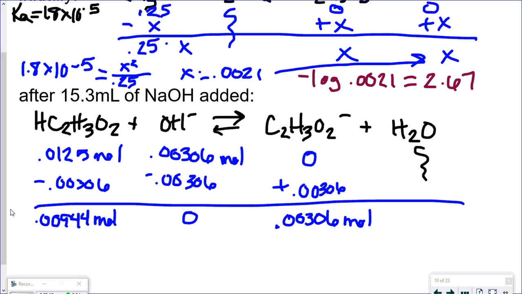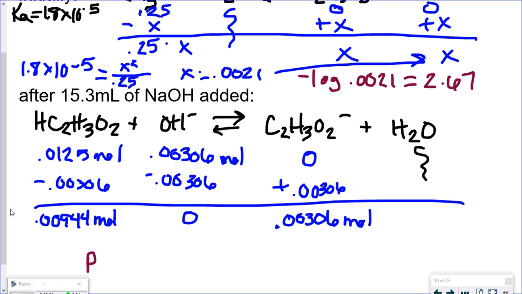So remember Henderson-Hasselbalch, your pH is equal to the negative log of our Ka, which from the previous part we looked up was 1.8 times 10 to the negative fifth, plus the log of our base over acid.